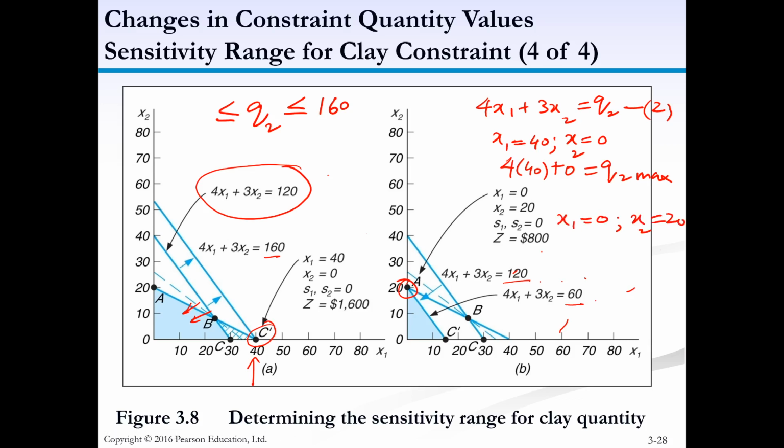So if we put this in equation 2, we get Q2 minimum equals 3 multiplied by 20 is equal to 60. So here we have 60. This is how we can establish the range of the right hand side for any constraint.